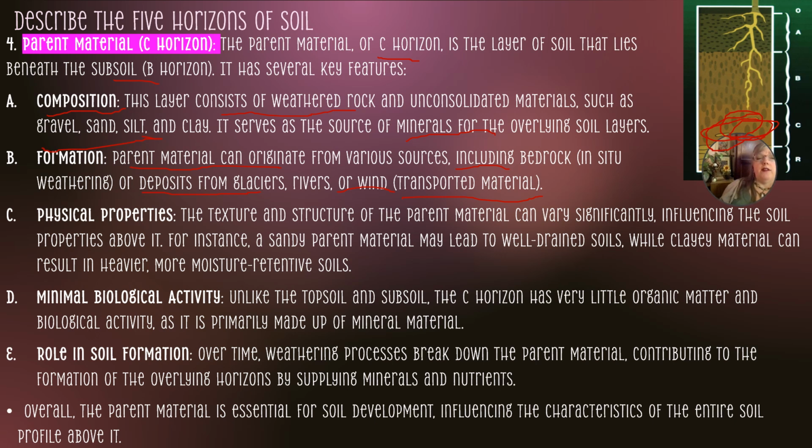The texture and structure of the parent material can vary significantly, of course, depending on what you're building it out of, influencing the soil properties above it. For instance, sandy parent material, if it's sandstone, may lead to very well drained soils, while clayey material can result in heavier and more moisture retentive soils.